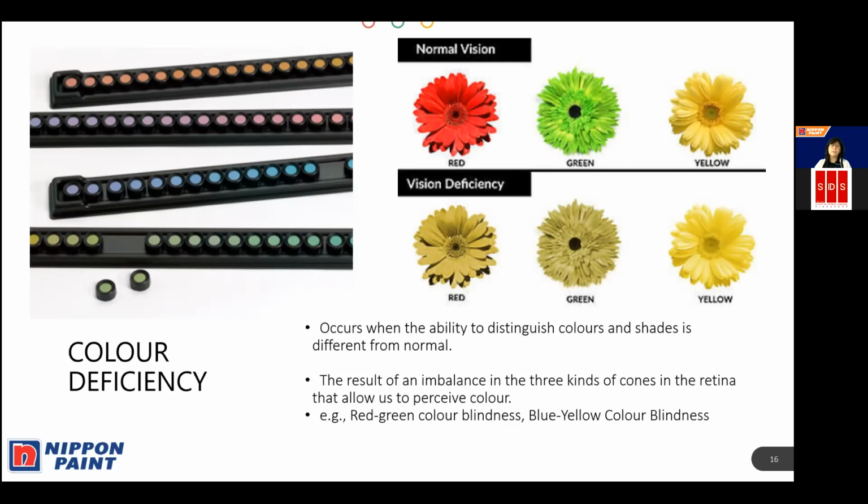In the paint manufacturing context, when we want to be called a color matcher or a color specialist, we need to pass a certain test. For example, what you can see here are 4 different colors arranged from lighter to darkest within the same shade. They may be green, blue, purple or orange.